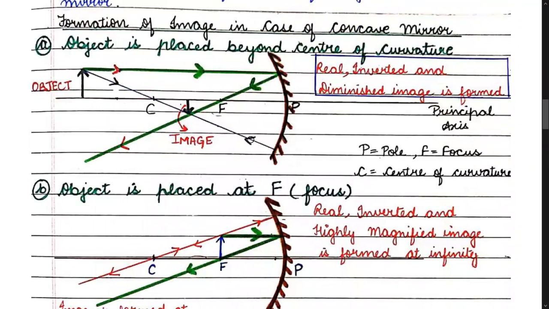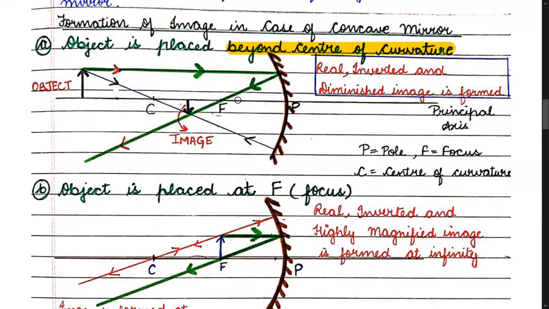So the formation of image in case of concave mirror, students, the first case is when the object is placed beyond the center of curvature.